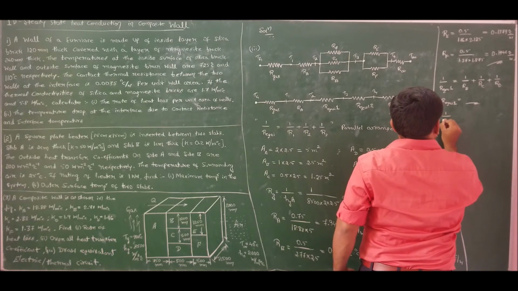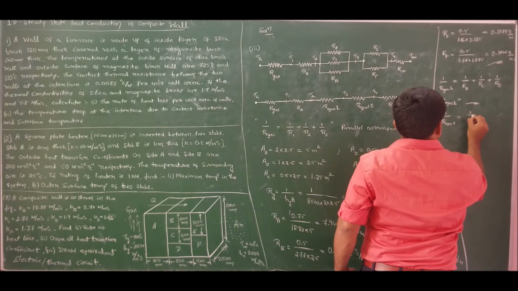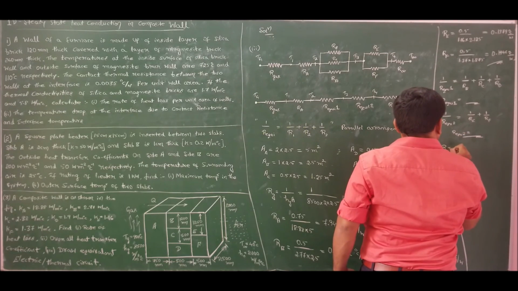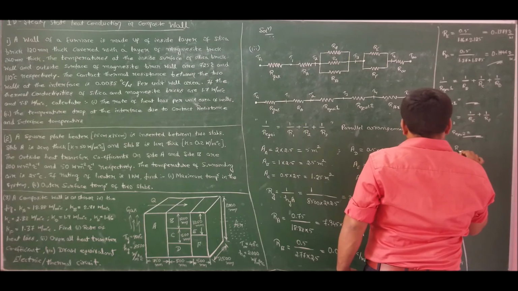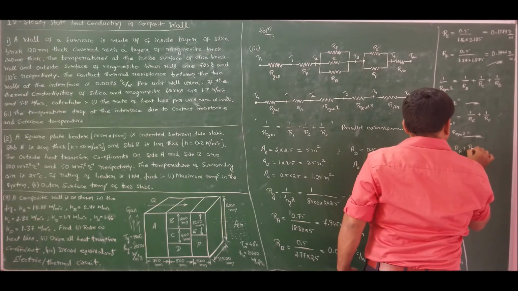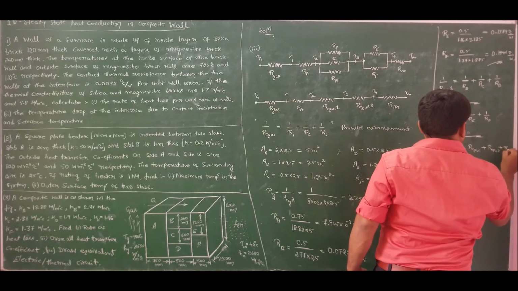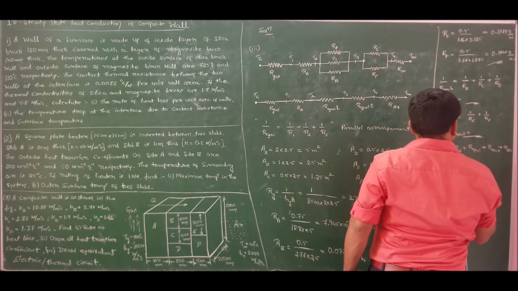Similarly, 1 by R equivalent 2 is 1 by RE plus 1 by RF, and you will get the value of R equivalent 2. So therefore total R is RA plus R equivalent 1 plus R equivalent 2 plus R of air.